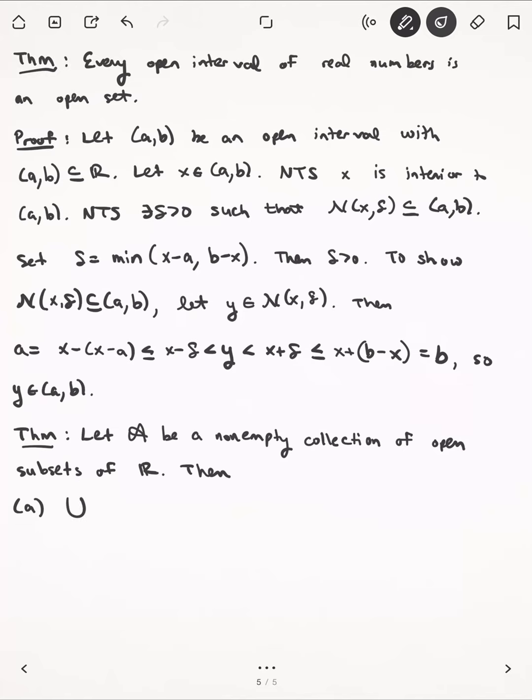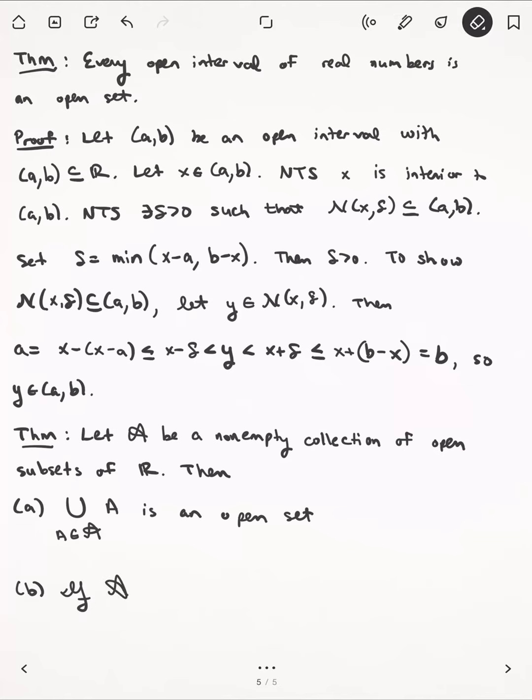The union over all the sets in that collection A is an open set. And secondly, if, oh, that's horrible.